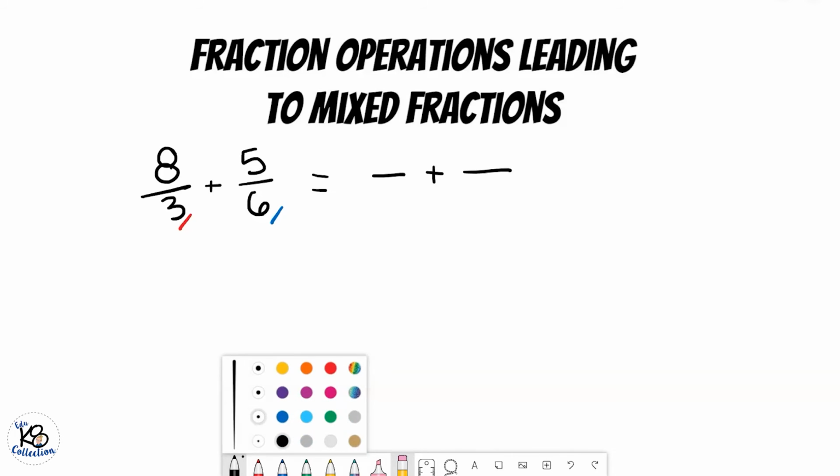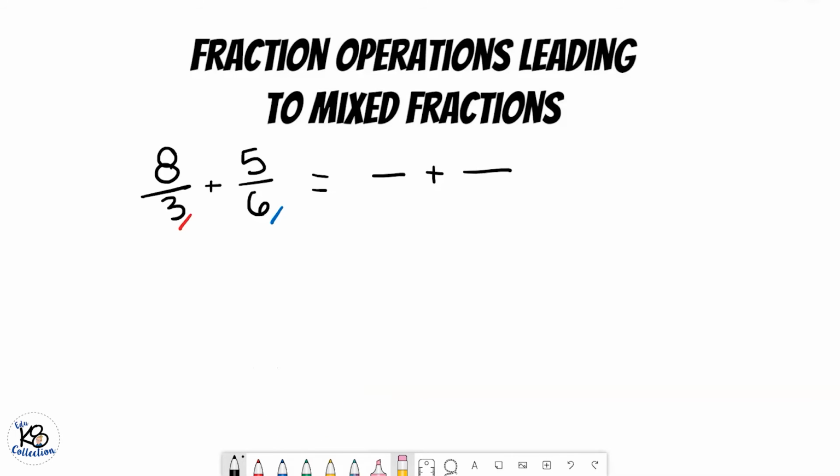So to do this, I am going to find the least common multiple of 3 and 6. So 3 times 1 is 3, 3 times 2 is 6, and I can actually stop right there because 6 times 1 is 6, so I have found my least common multiple of 6, which means that both of my fractions need to be changed into equivalent fractions with the denominator of 6.